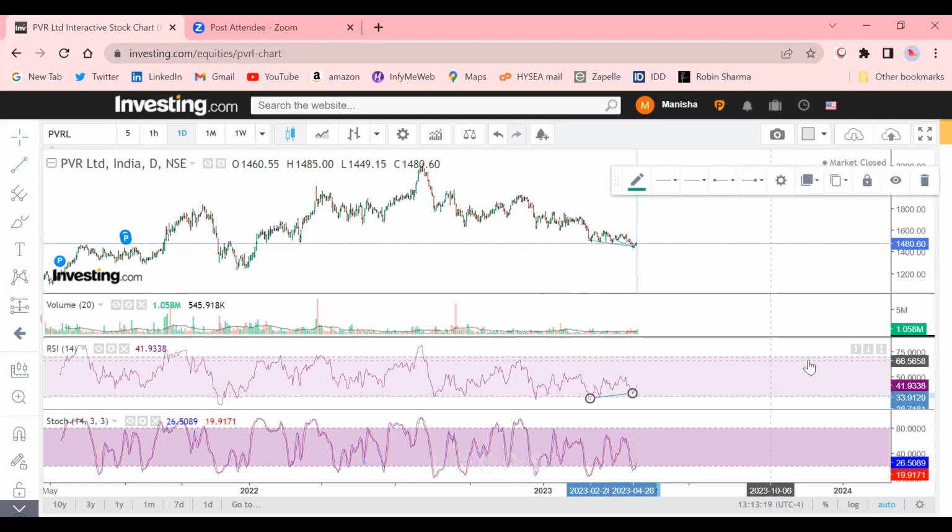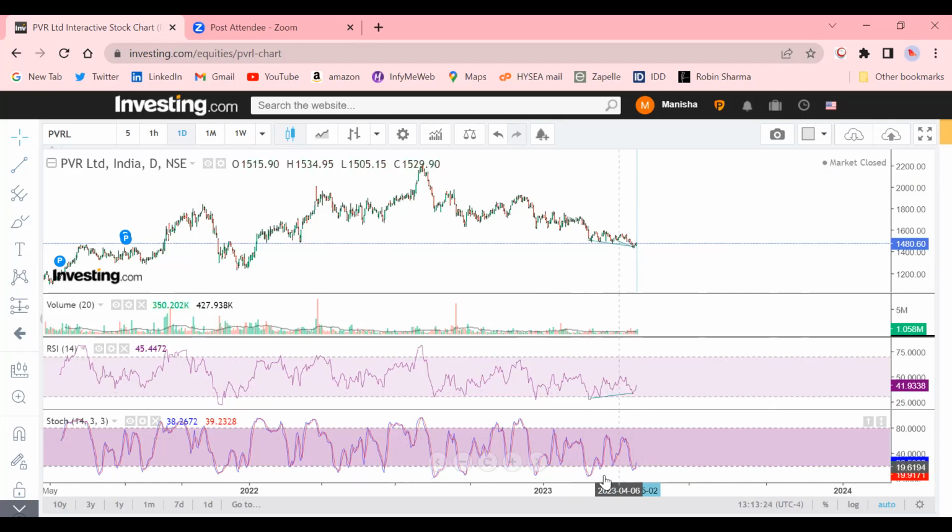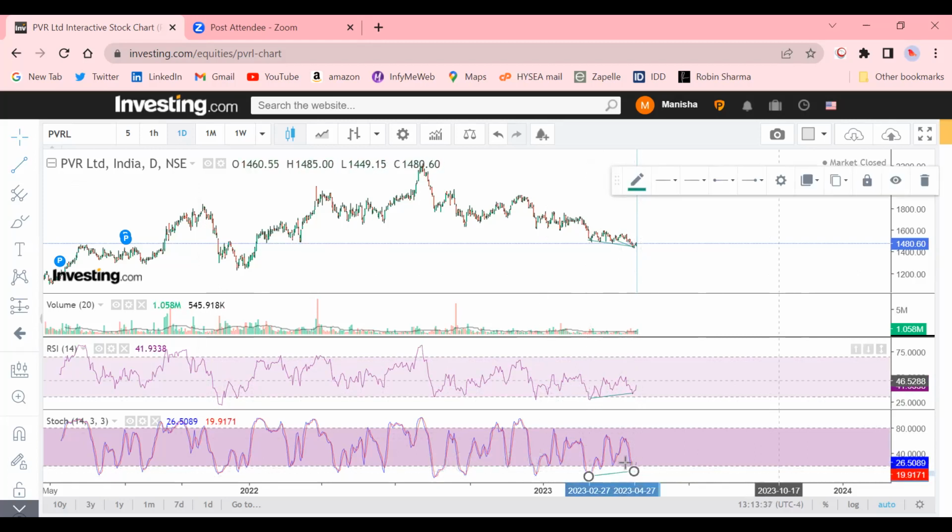This is the divergence. If you look at the stochastic, it is also showing a divergence from the same price point to the current price point. This is so important to understand: you need to zoom out and review.